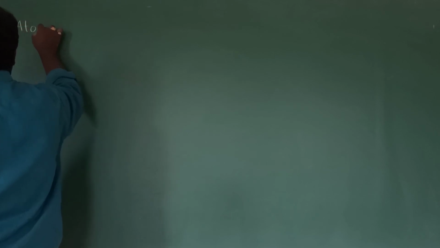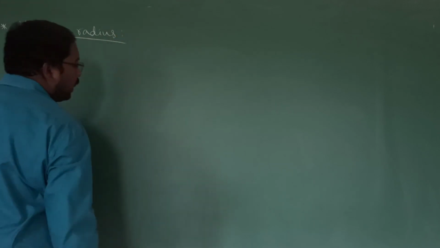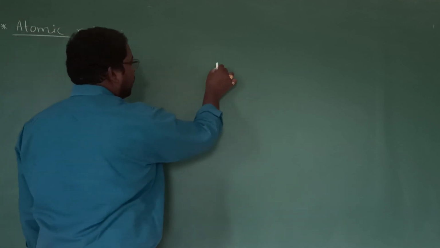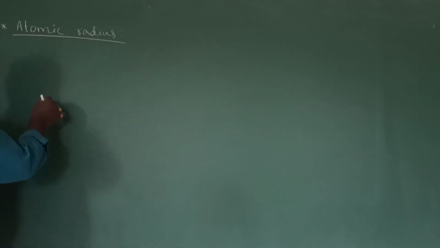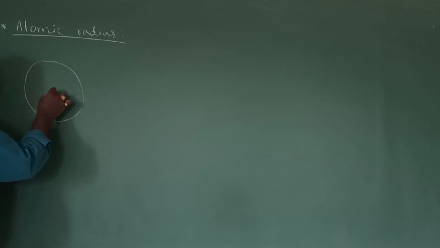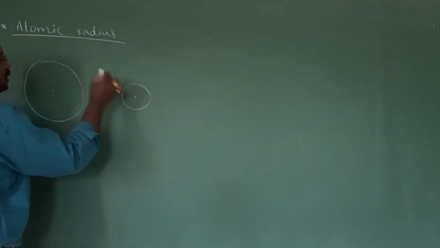Let us discuss the effect of atomic radius on the ionization energy. Okay? A very easy thing to understand. First look here. We have an atom with the large size and we have an atom with the small size.